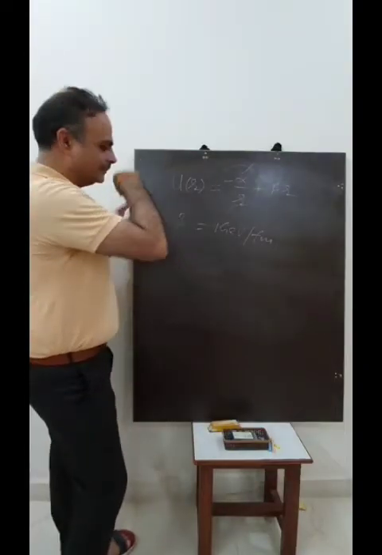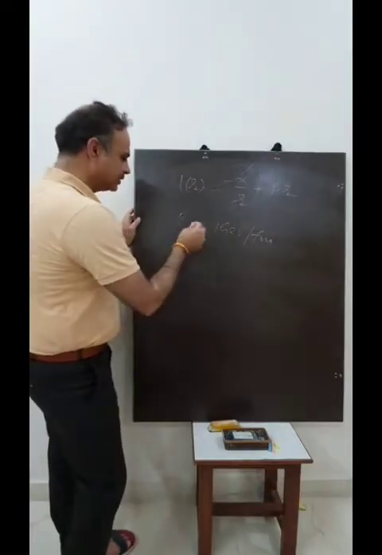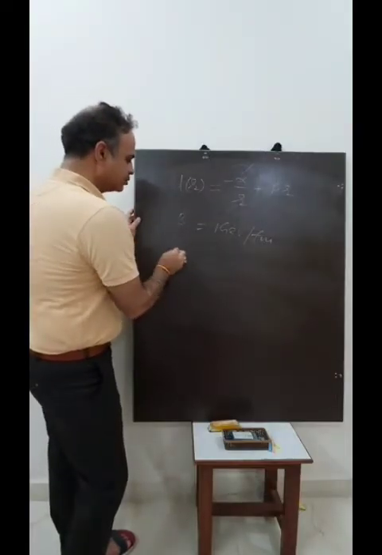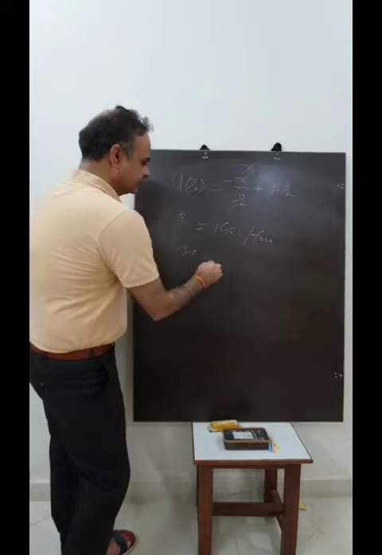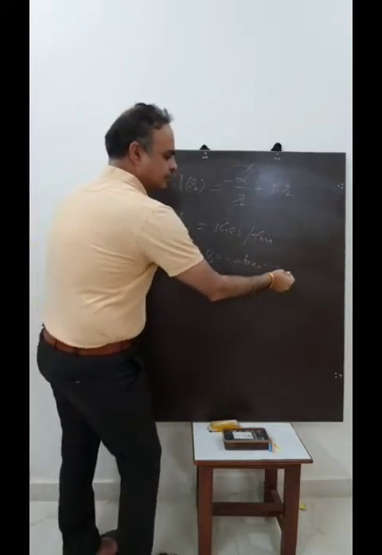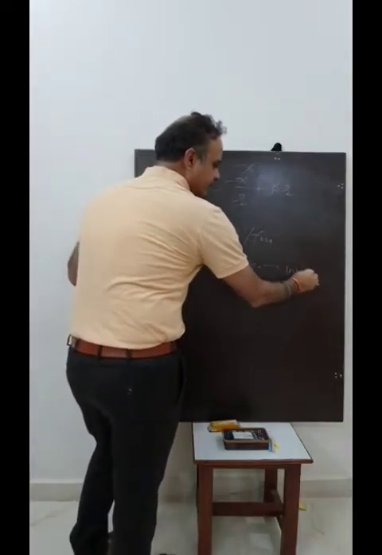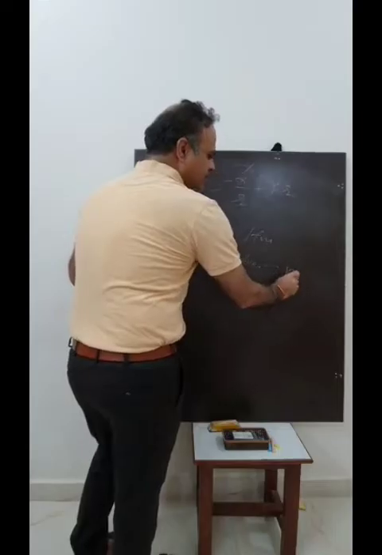So what is the size of an atom? Let's assume the size of an atom is almost equal to 1 angstrom.